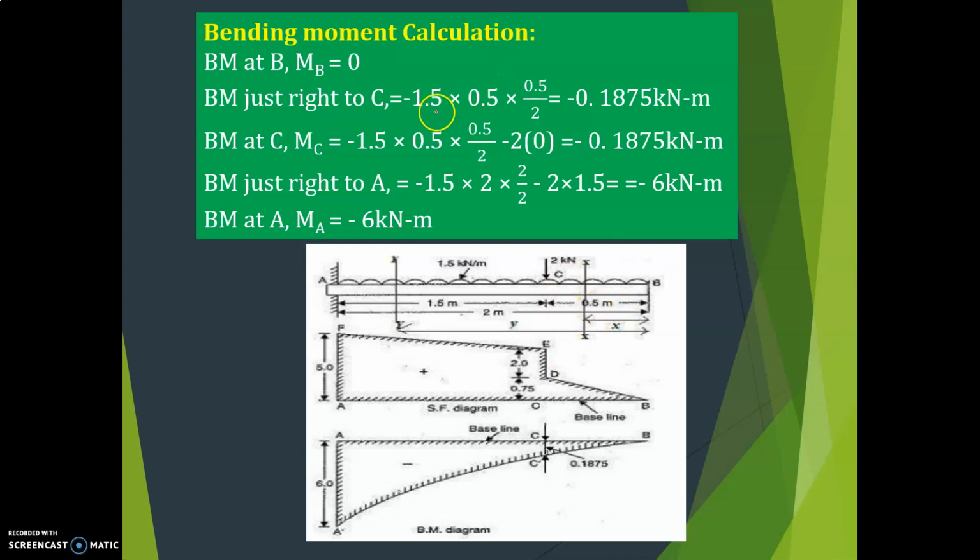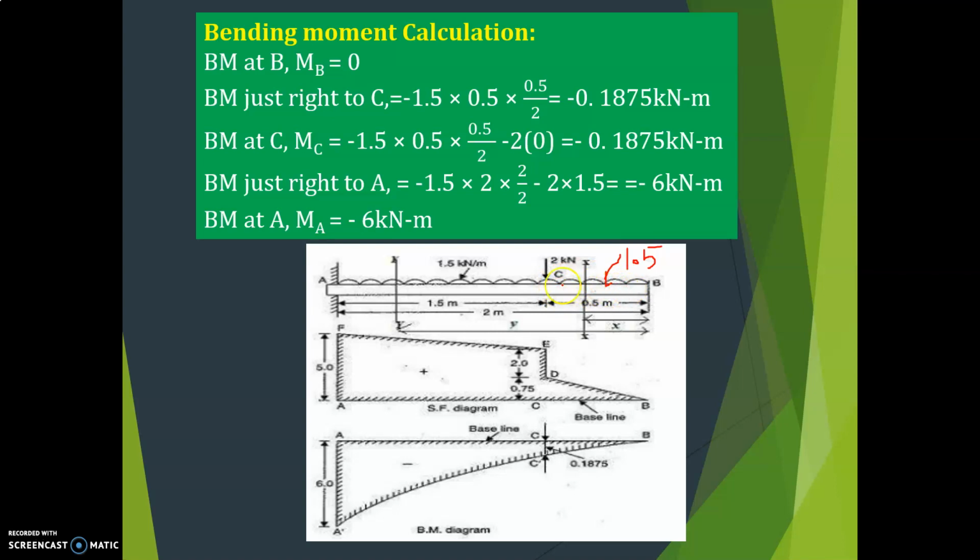So that's why it is written here minus 1.5 into 0.5 into 0.5 divided by 2. Here also it is 1.5 only. Okay, it is full length, it is 1.5 only. That is just right to C. Next, at C, what is at C now?